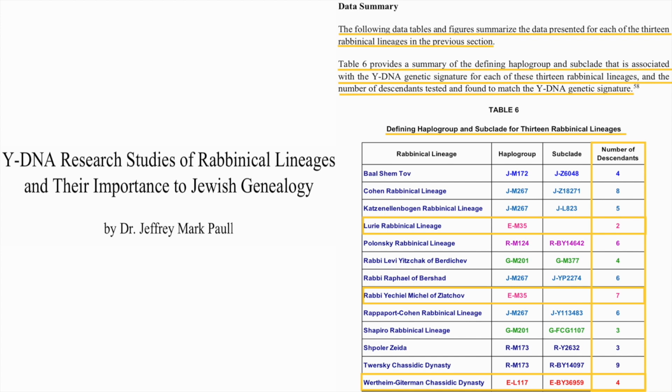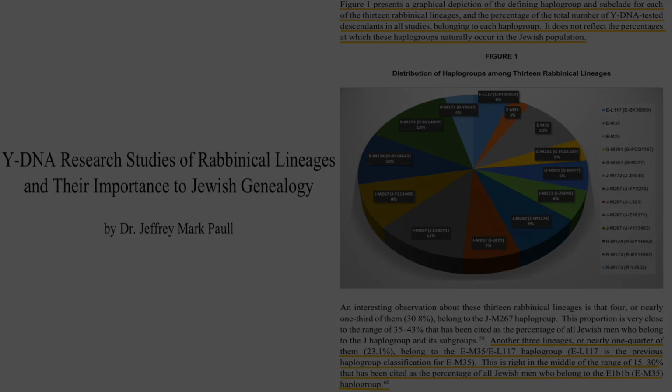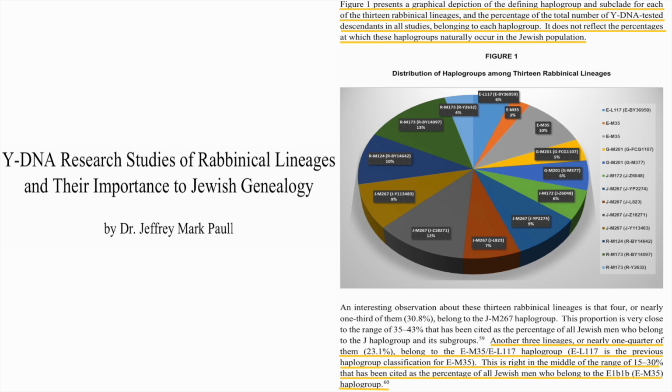So down below, as you can see, Table 6, defining haplogroup and subclade for 13 rabbinical lineages. And as you can see, 3 of them have E-M35.